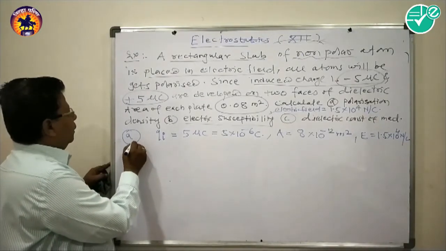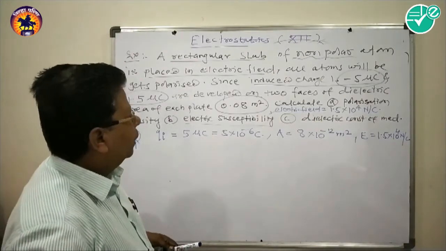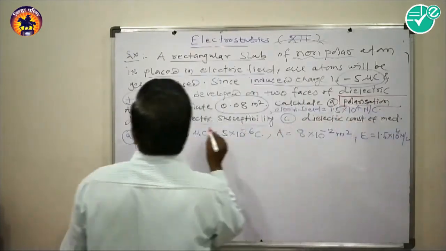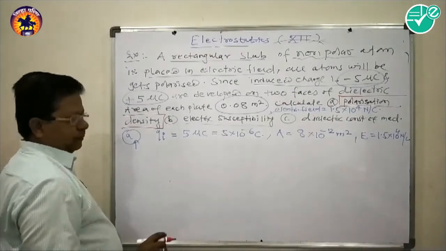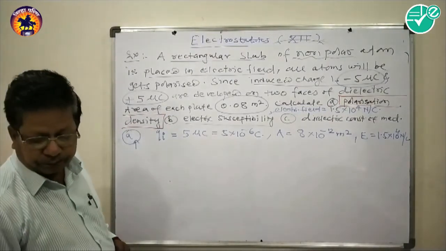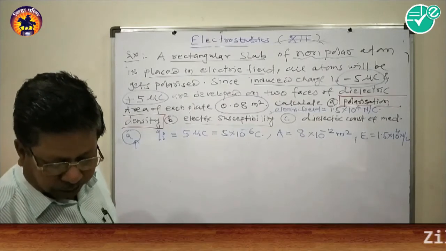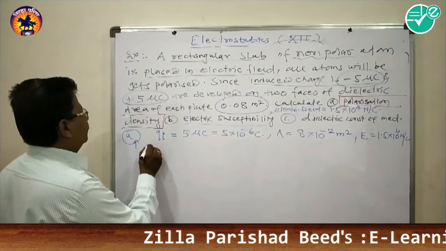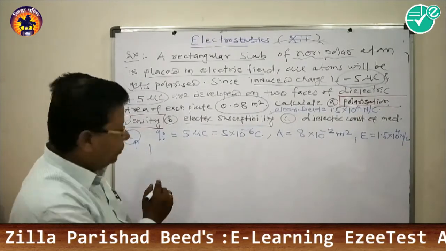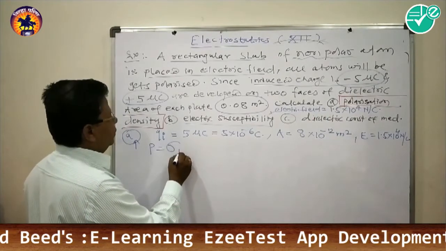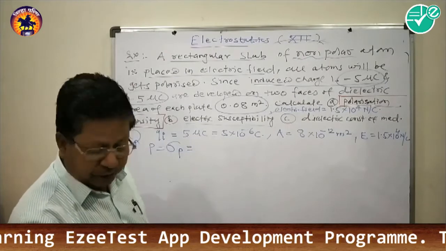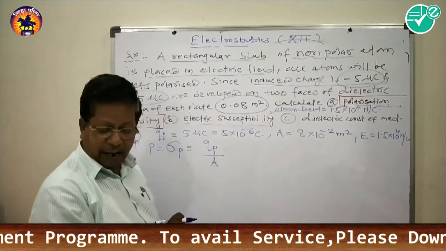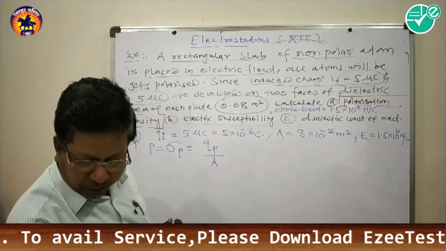So to calculate first the polarization density, the formula is polarization density P, electric polarization is equal to sigma P, which is equal to induced charge or polarized charge divided by area.